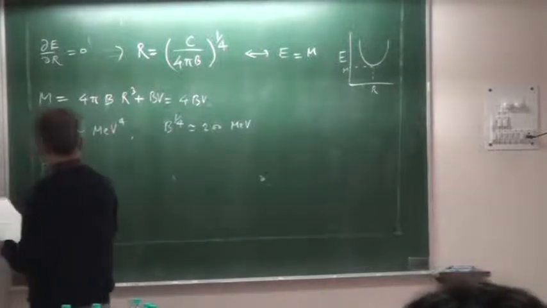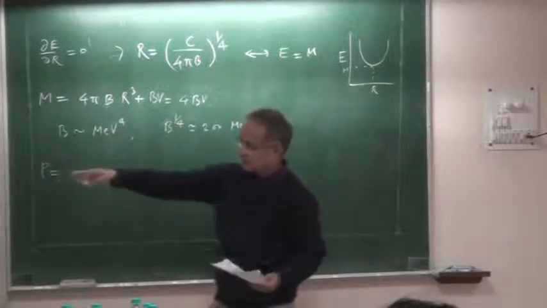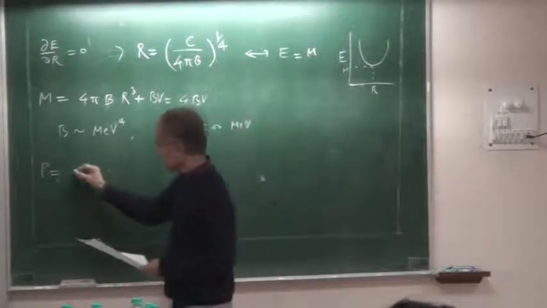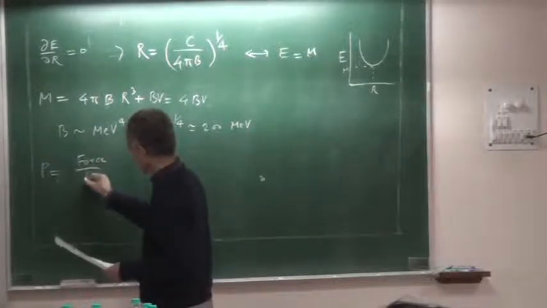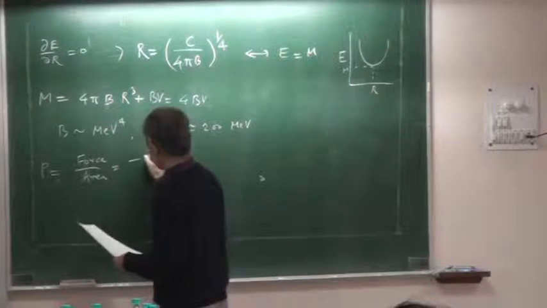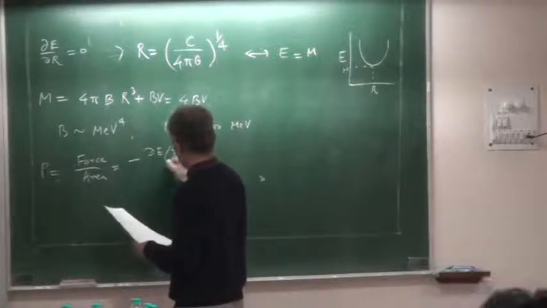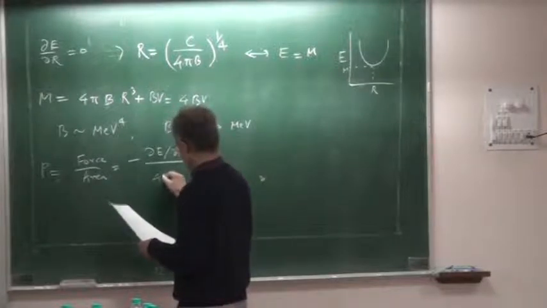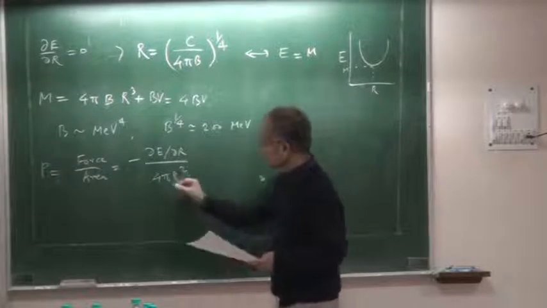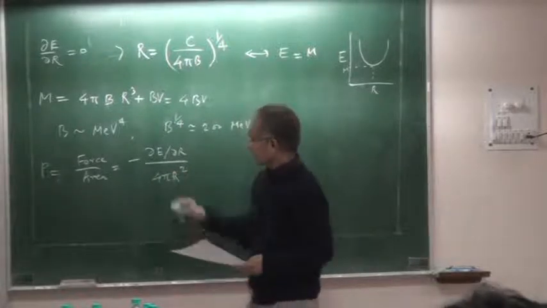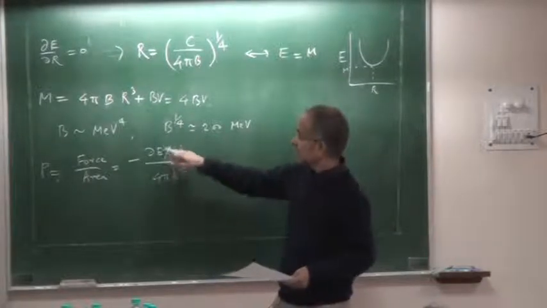You can also show that this B is also a pressure. Not only is it energy density, it's also pressure. We can calculate pressure as force per unit area. And of course, for the stable situation, the net pressure, which was del E by del R, was 0.